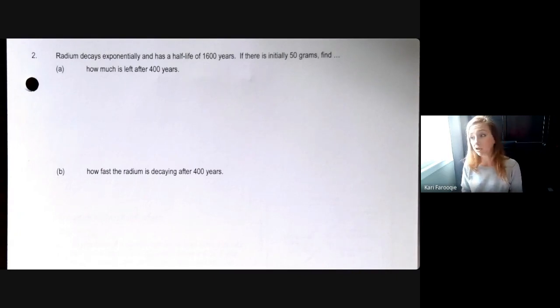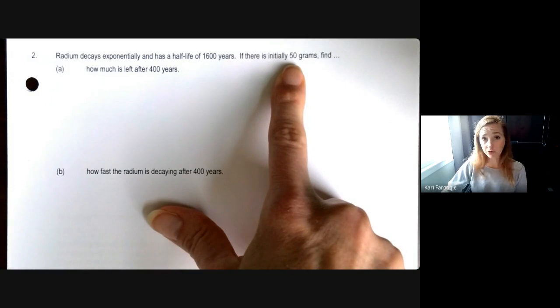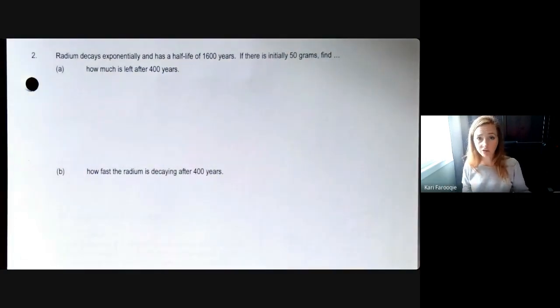So if there's initially 50 grams, find how much is left after 400 years. So if the half-life is 1,600 years, that means that after 1,600 years, we have half of 50, which is 25 grams.